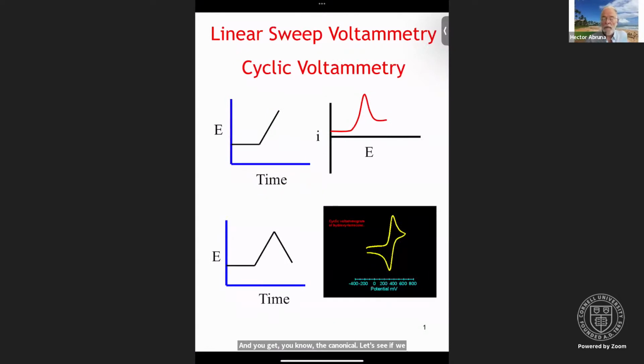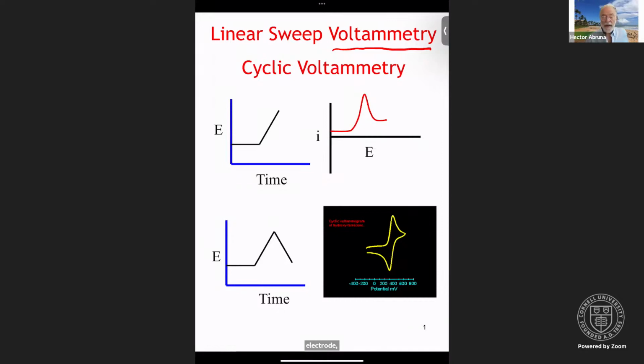cyclic voltammetric profile, often referred to as the duck. The first thing is that the name is a misnomer. This is not voltammetry, right? We're neither rotating the electrode nor stirring the solution.